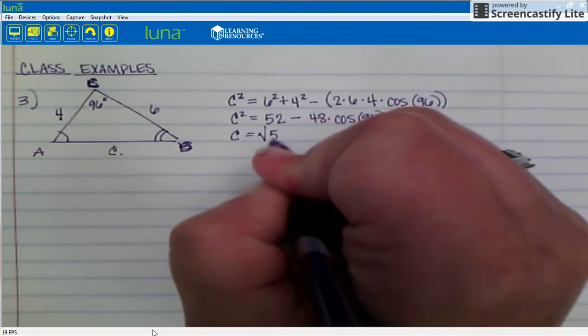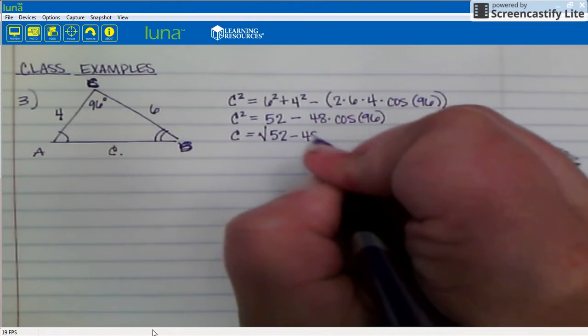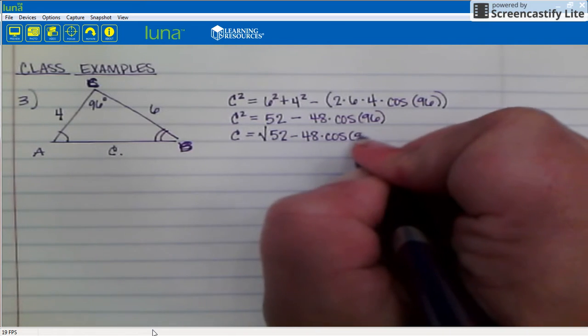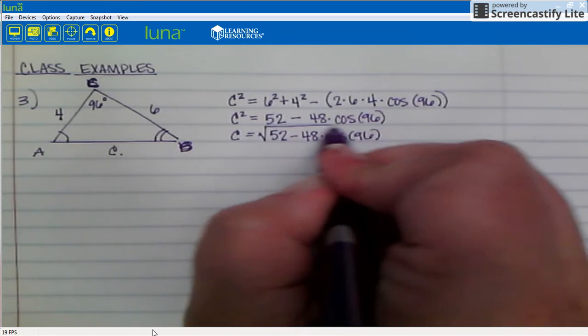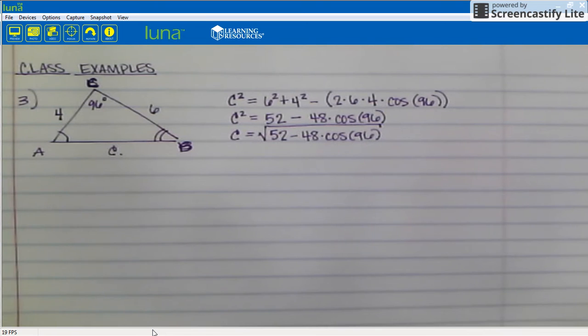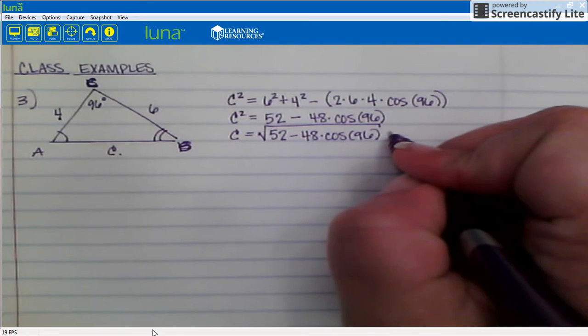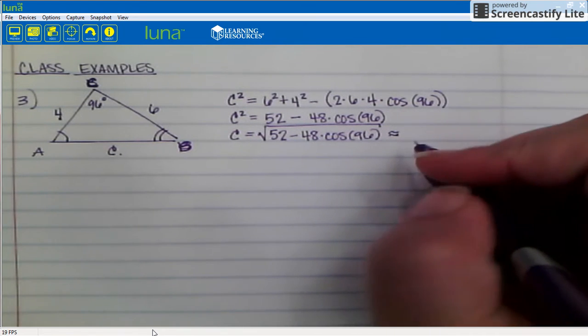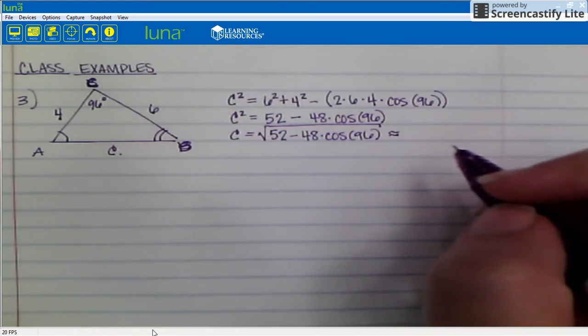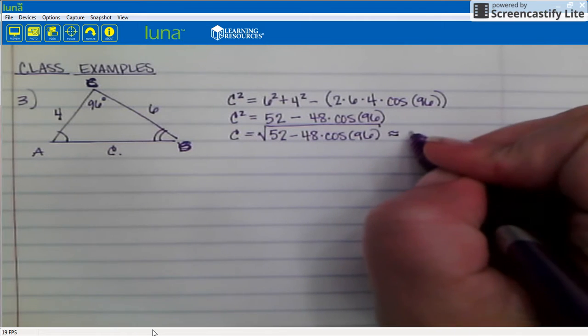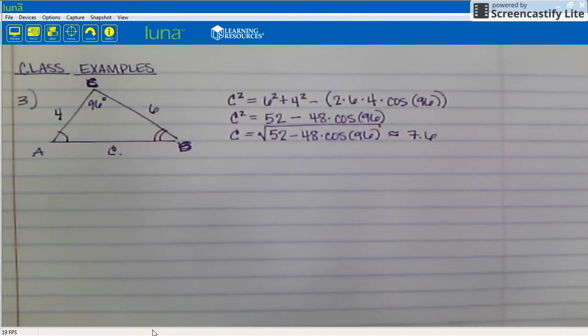So I have the square root of 52 minus 48 times the cosine of 96. I'll let my calculator do all of that fancy legwork. So c is approximately equal to, it says to round your lengths to the nearest tenth, so we are approximately equal to 7.6.